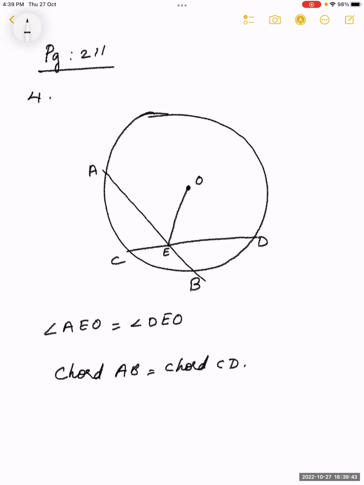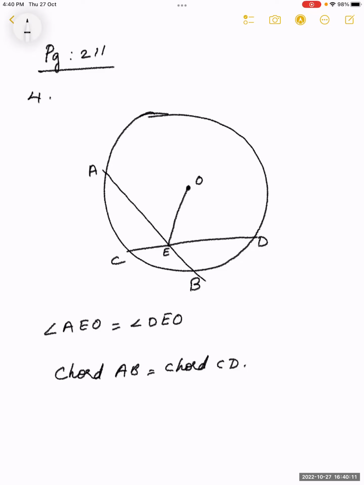One specific condition you have learned is related with the distance from the center. Anyone remembers that? When the distances from the center to the chords are equal, then the chords will be equal, right? That's what you have learned. So that is the concept that we are going to use here to prove this.